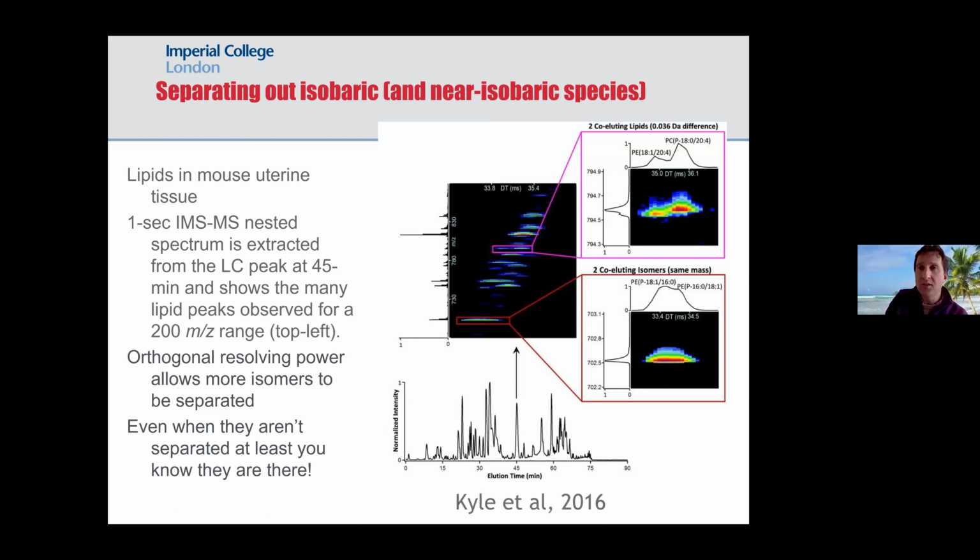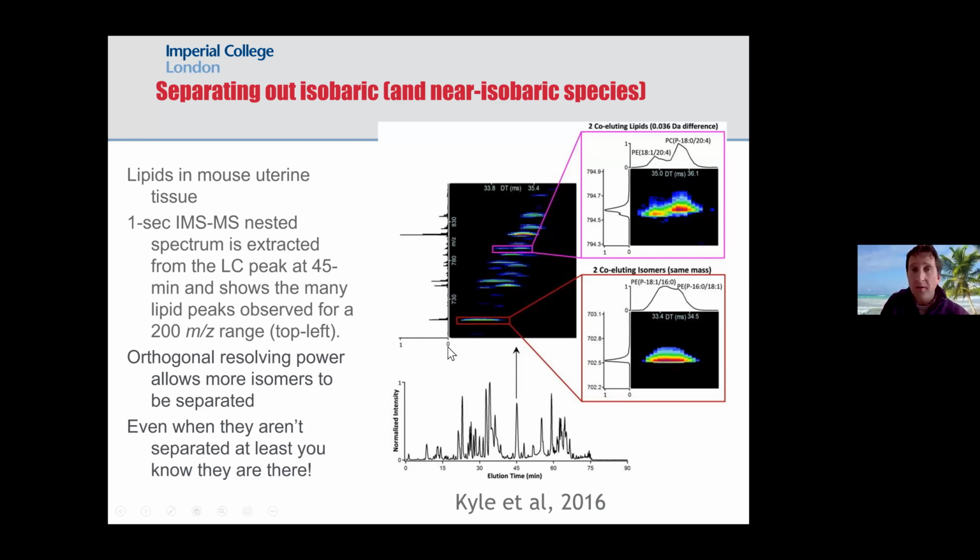Where I think it comes into its own is dealing with things that are isobaric or near isobaric, which we might struggle to separate out, even with high resolution mass spectrometry. So again, this is from the Kyle et al. paper, and they've just zoomed in on a peak at 45 minutes in terms of one of their chromatographic runs.